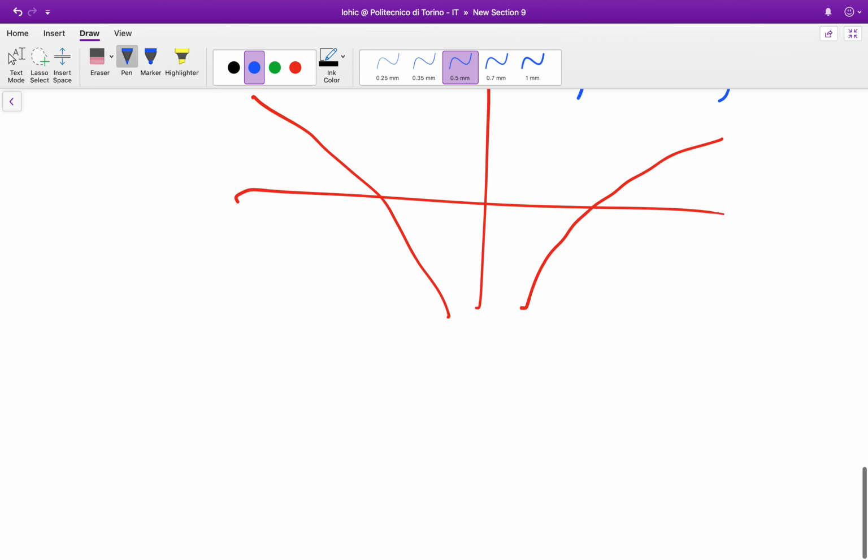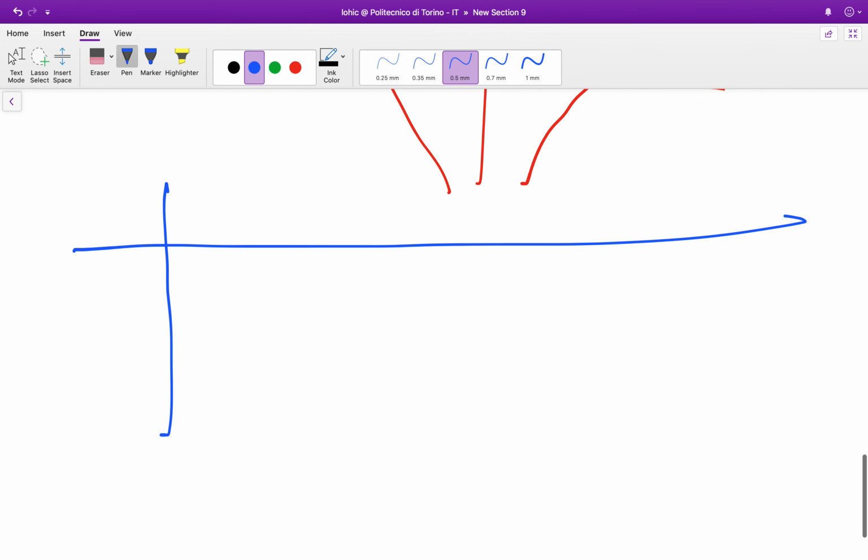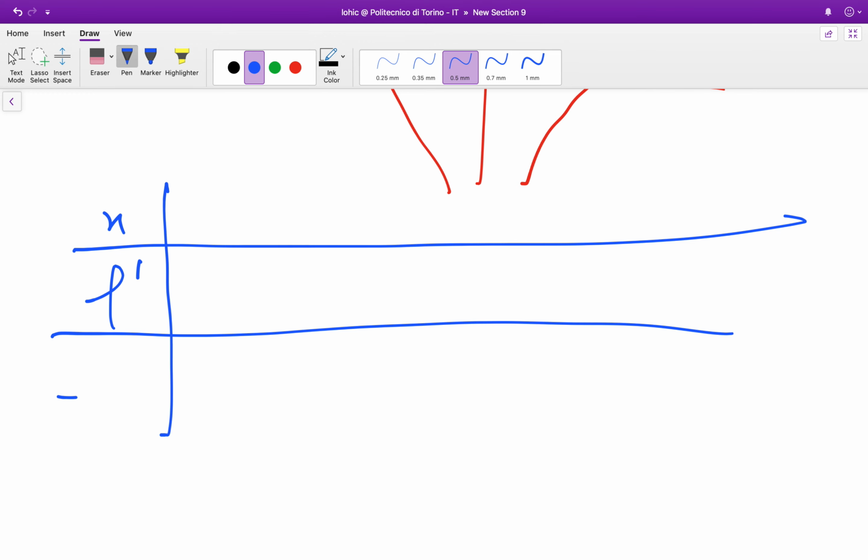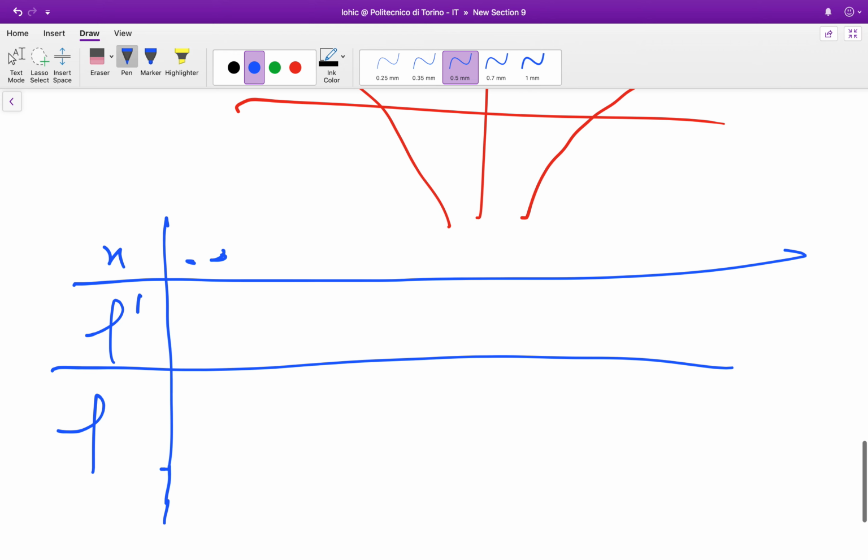Now let's do the other table, the table that summarizes all, the maximum and minimum. In this table we just have the derivative and the function. So it will be minus infinity, minus x2, minus x1, 0, x1, x2 and plus infinity.